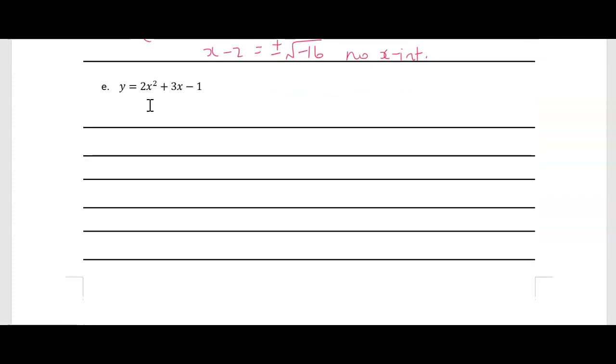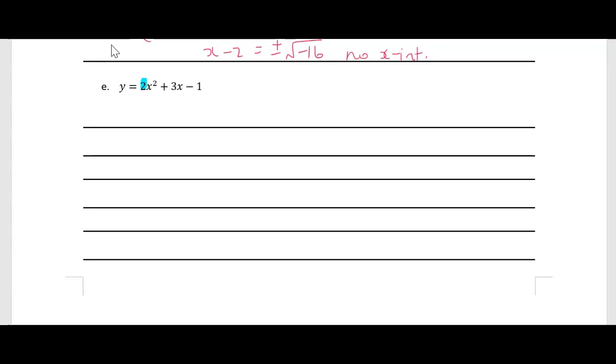All right, question E. Now this one here is non-monic, because your coefficient of x squared is not 1. And we can't really take out 2 as a common factor quite easily; we'd be dealing with fractions.